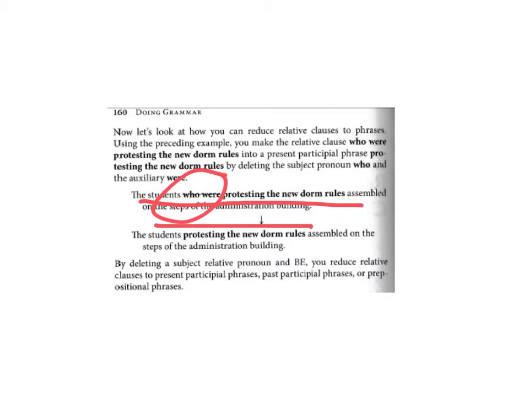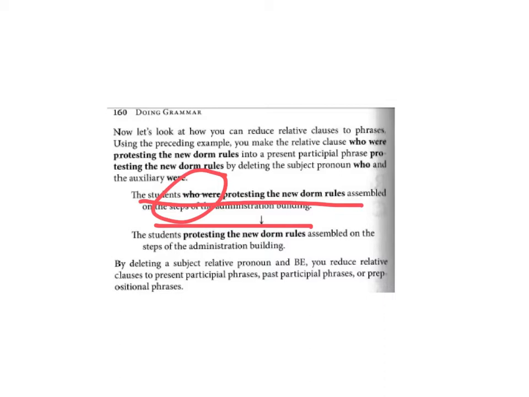In the second sentence, the main verb, were protesting, would be labeled present progressive. And if you remember this from chapter 3, progressive aspect is shown by a be auxiliary plus the present participle of the verb, the ing verb form.